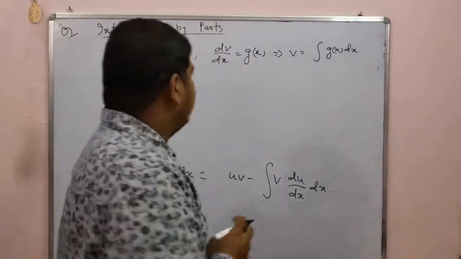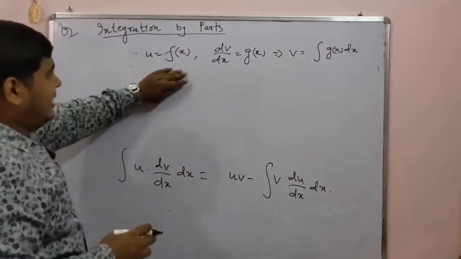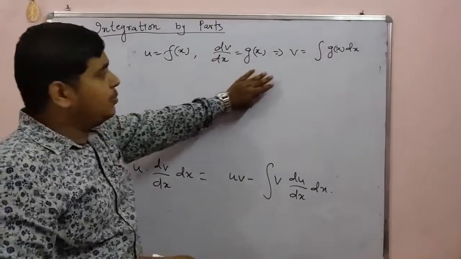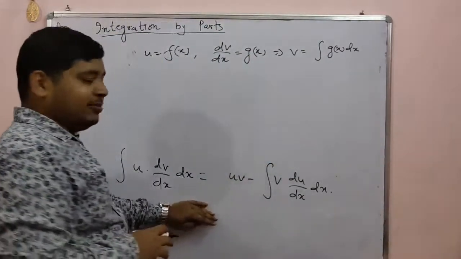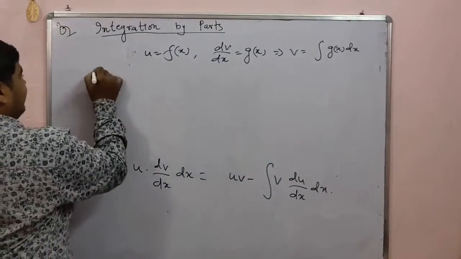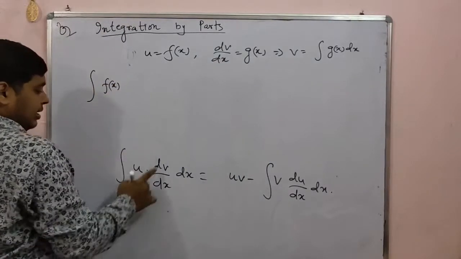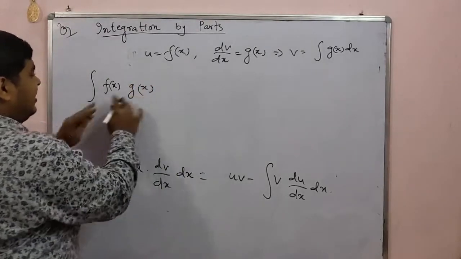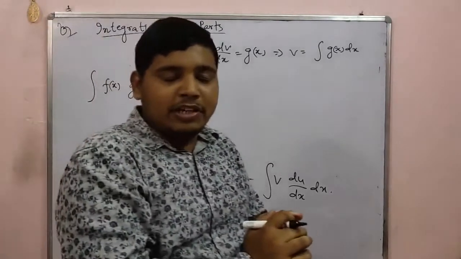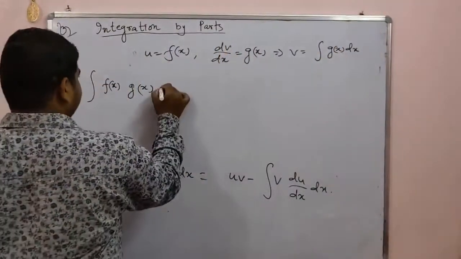Then replace u as f of x, dv by dx as g of x, and v as integration of g of x dx. So we get the integration of the multiplication of two functions, f of x into g of x dx.